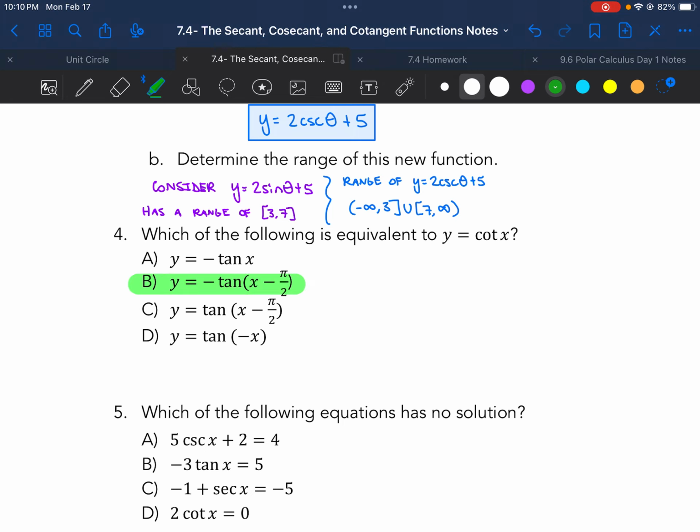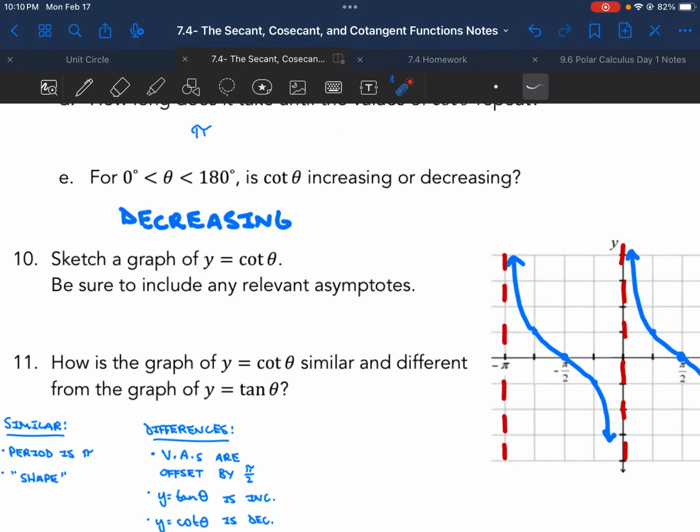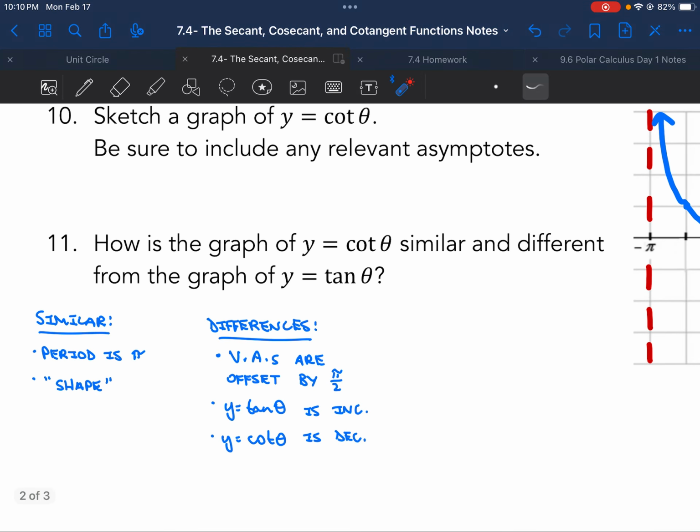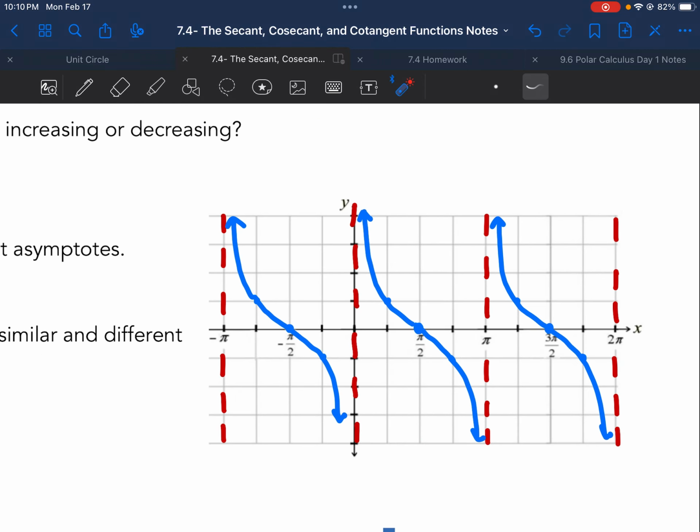Ends up being B is the correct answer here. Here's how I know. Remember how we said right here, for cotangent and tangent, the vertical asymptotes are offset by pi over 2. For the cotangent parent function, the vertical asymptotes are at 0, pi, 2 pi.